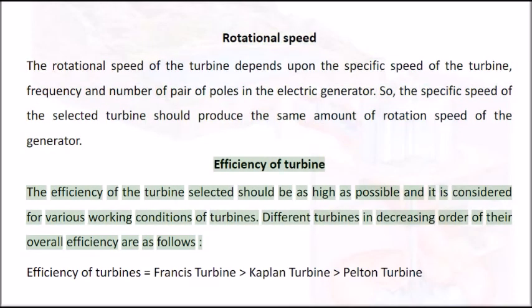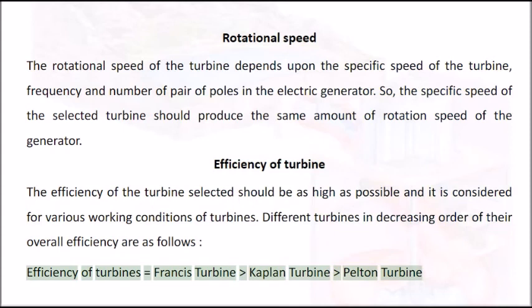The efficiency of the turbine selected should be as high as possible, and it is considered for various working conditions of turbines. Different turbines in decreasing order of their overall efficiency are as follows. Efficiency of turbines: Francis turbine, Kaplan turbine, Pelton turbine.